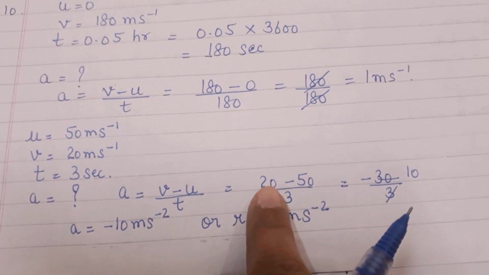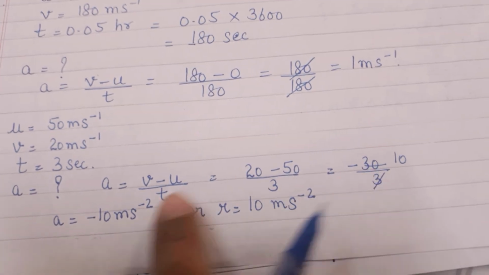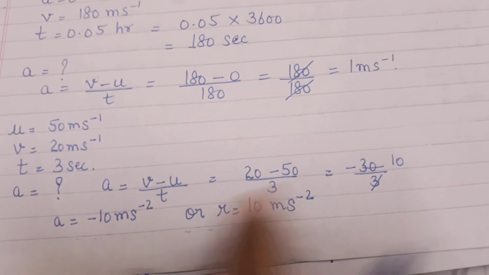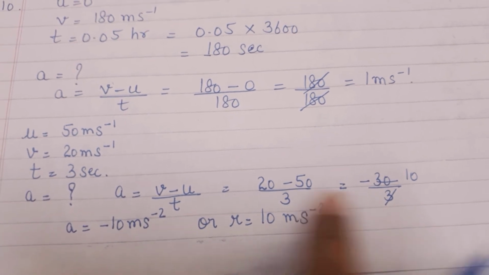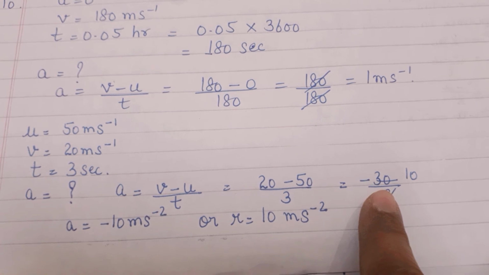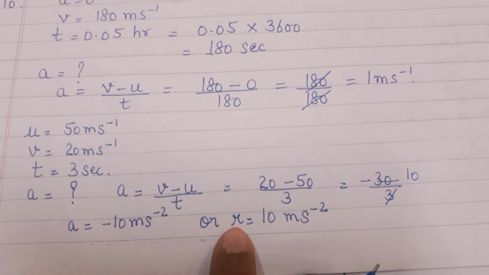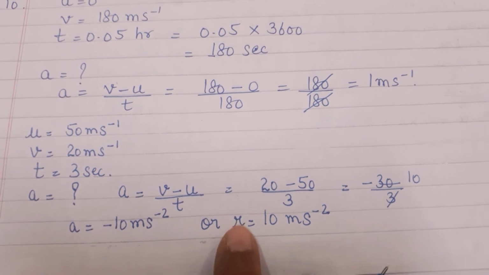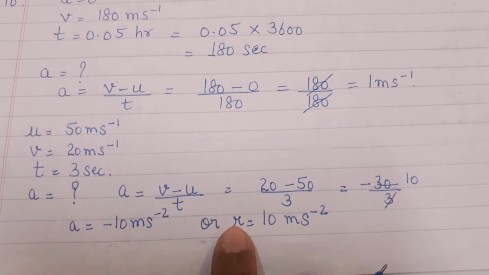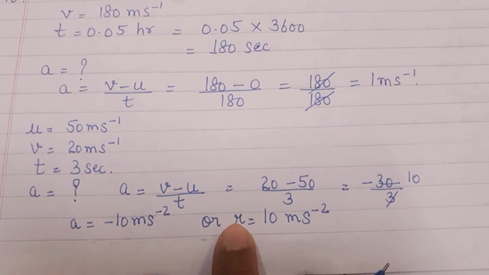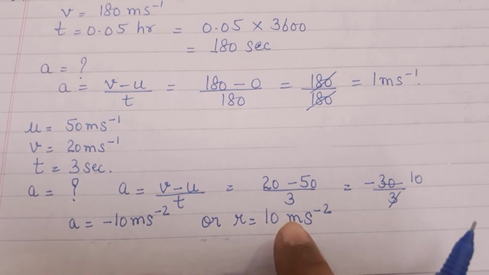Because it is a smaller value minus the bigger one, your answer would be negative. And you could actually represent the answer in 2 ways. Either you could say that the acceleration is minus 10 meters per second square, or you could represent it as retardation, small r. But when you write retardation, you are not going to use the negative sign because retardation itself is negative acceleration. So your answer will be r is equal to 10 meters per second square.